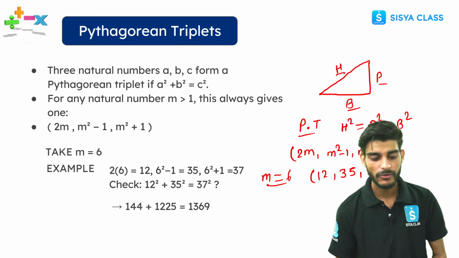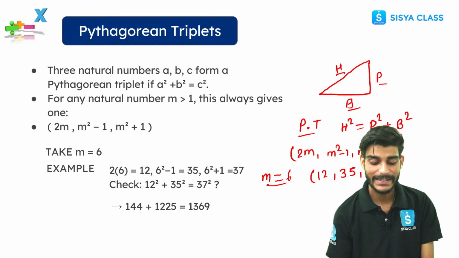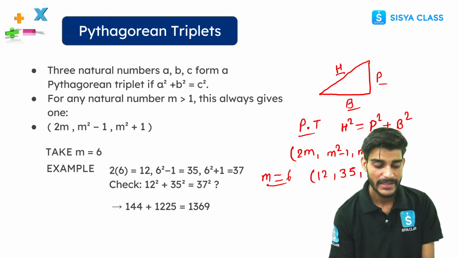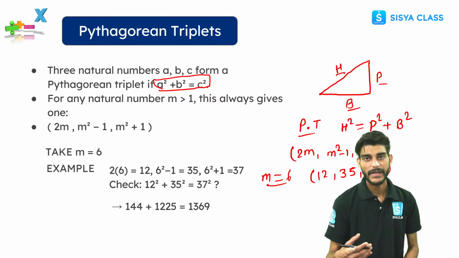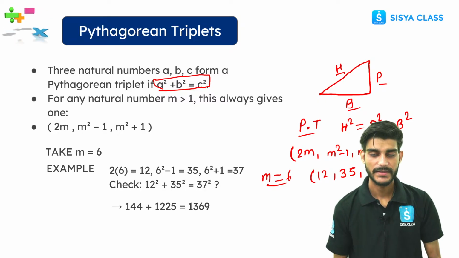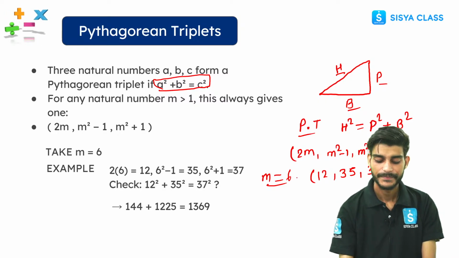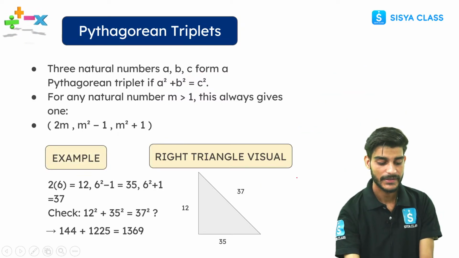Why is it a Pythagorean triplet, sir? Because it will satisfy this criteria, a square plus b square equals c square, which is basically hypotenuse square equals perpendicular square plus base square. Clear? Let's see how it is satisfying.